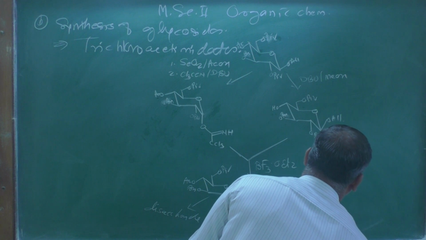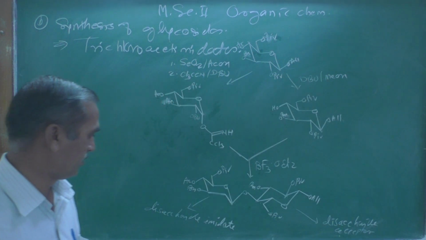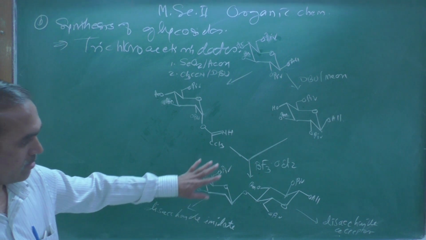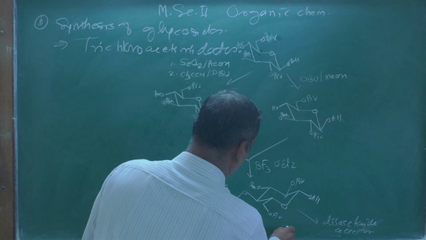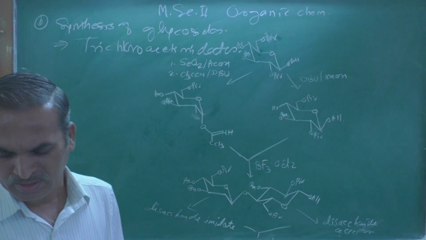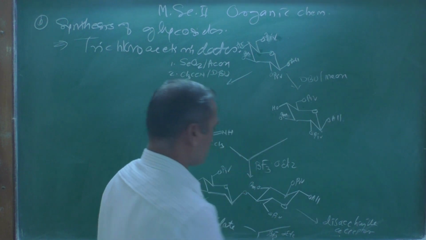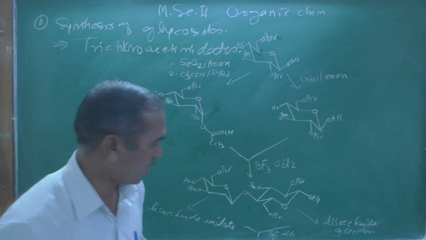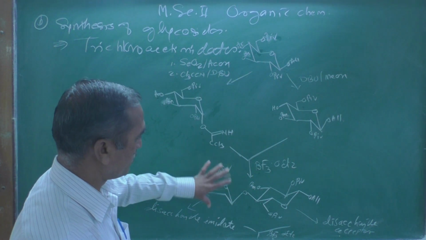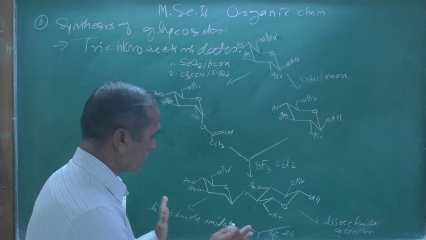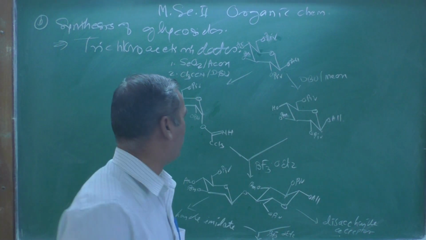Here the disaccharide acceptor. When the disaccharide intermediate and the disaccharide acceptor are brought together in the presence of BF3·OEt2 again, that is boron trifluoride etherate, these two molecules get combined together, and the resulting compound formed will be like this.